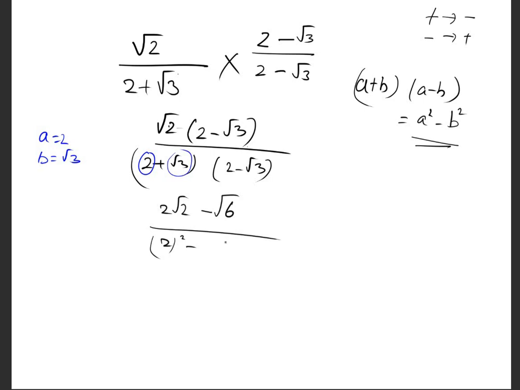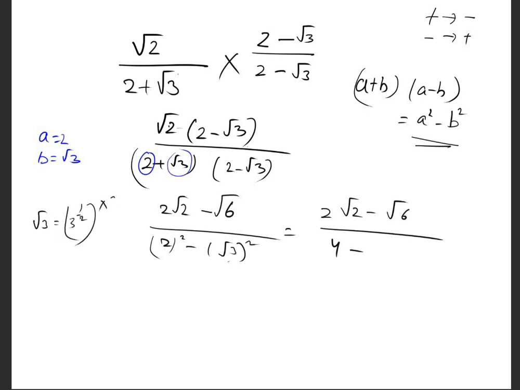minus b square. So what I've finally converted the denominator to: 2 square is 4, and root 3 square is 3 raised to the power of half times 2, the halves cancel, it becomes 3 raised to the power 1, which is 3.